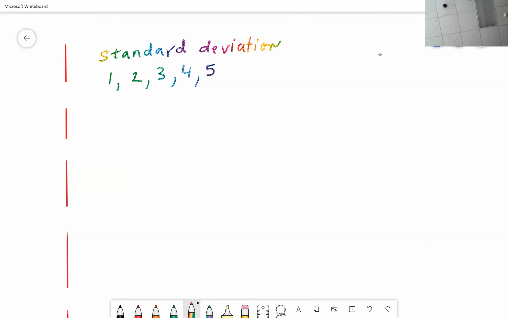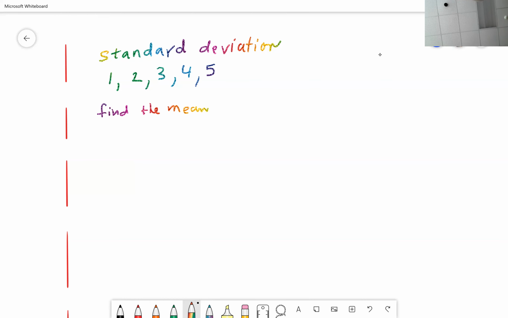So the first step is to find the mean. The mean is a measure of center which takes into account each of the numbers. It's superior to the median. There are times where we should use the mean and times where we should use the median, depending on the situation, but we're not talking about that right now.